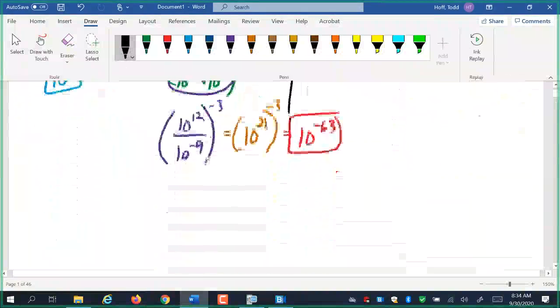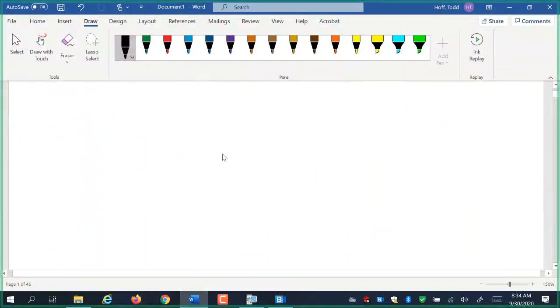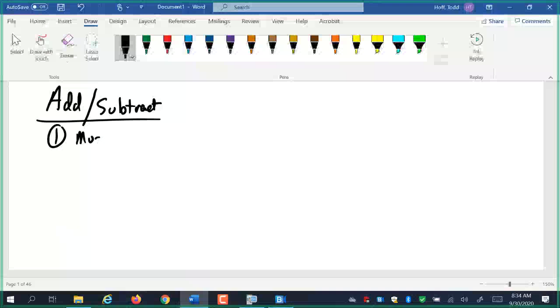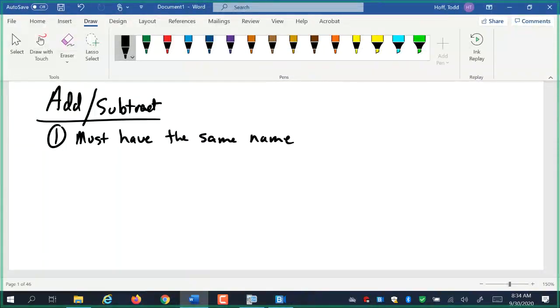Okay, so today then, we want to look more at this scientific notation. As you recall, when we add or subtract, they must have the same name. Well, when we were looking at whole numbers, that name came down to the individual place value.